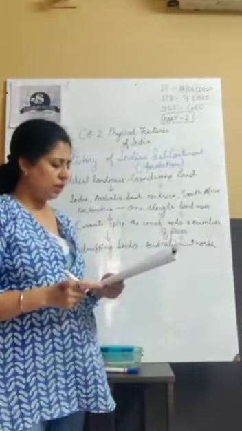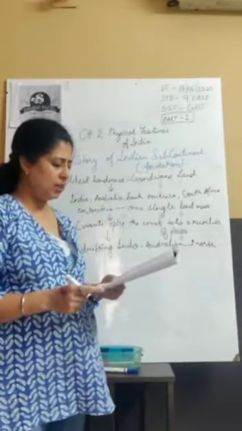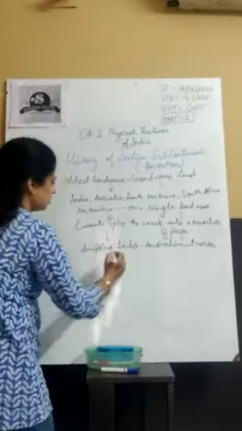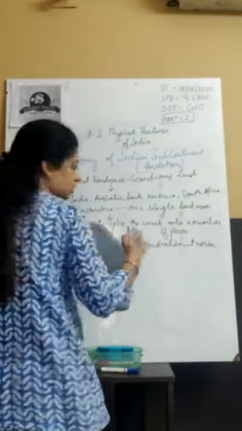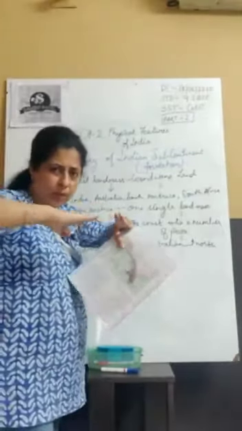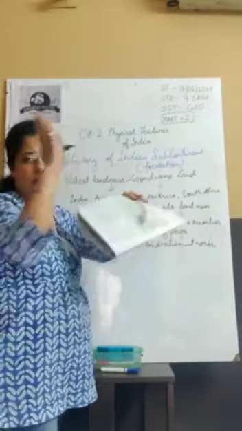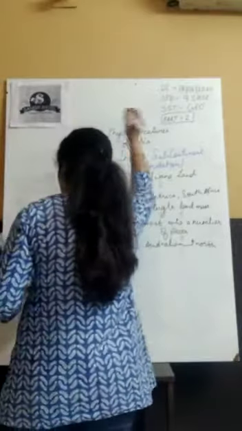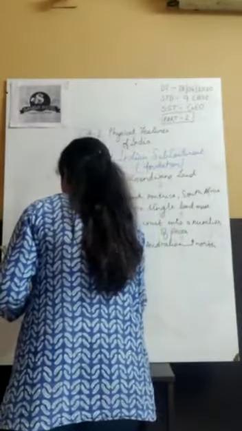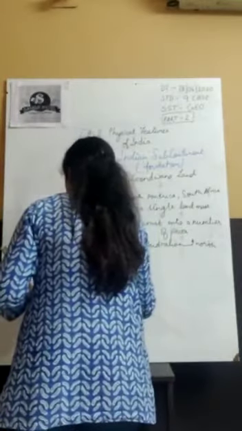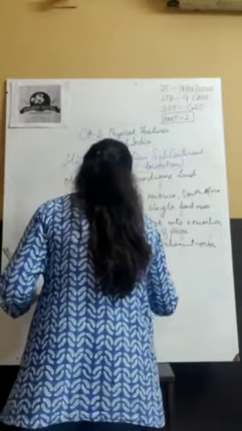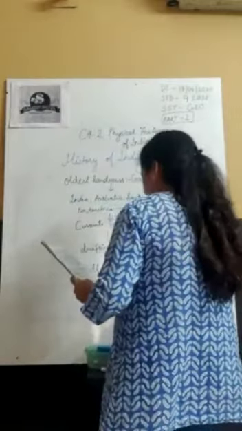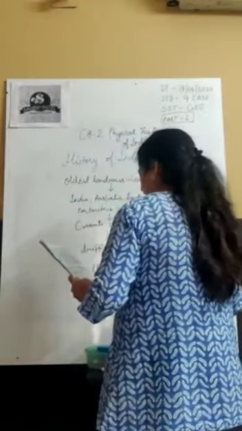The northward drift resulted in the collision of the plate with the much larger Eurasian plate. Collision means coming together. When they come together, what will happen? It will form a fold northwards. Again we move upwards with the collision.